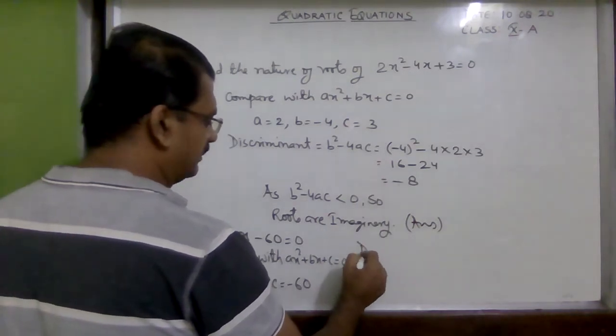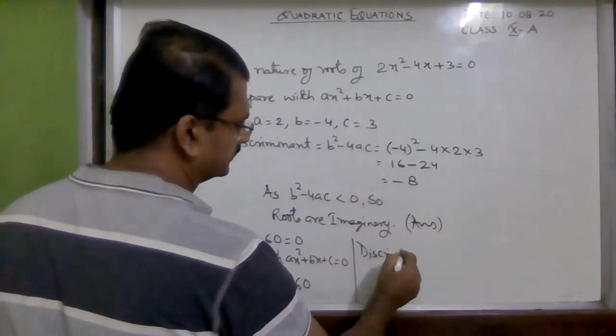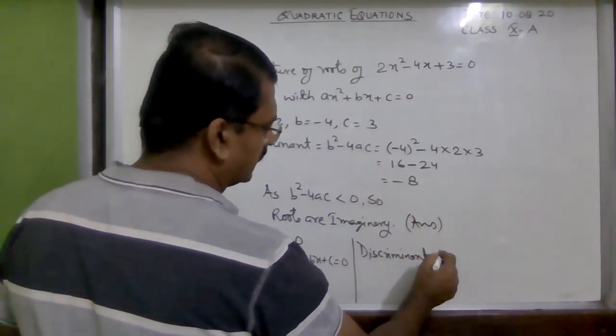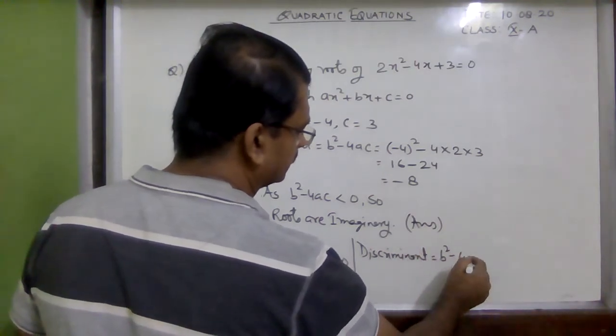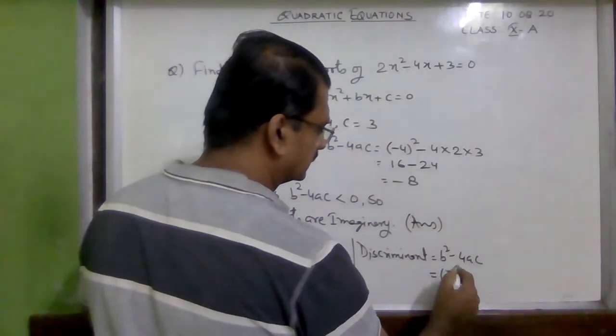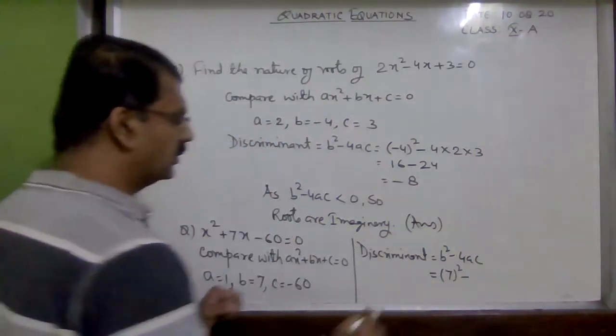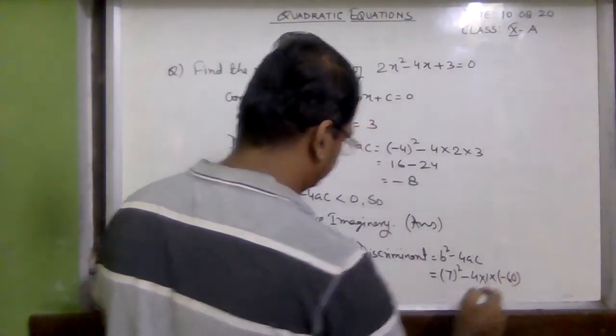Now discriminant, that is b square minus 4ac, that is 7 square minus 4 into 1 into minus 60.